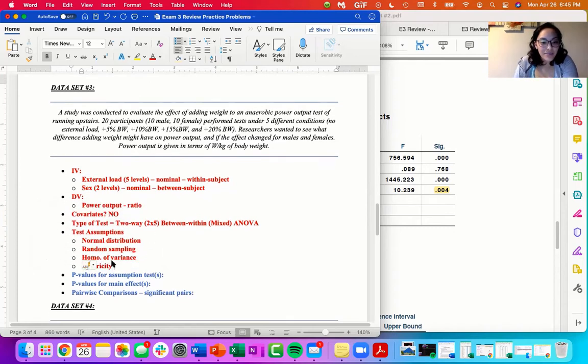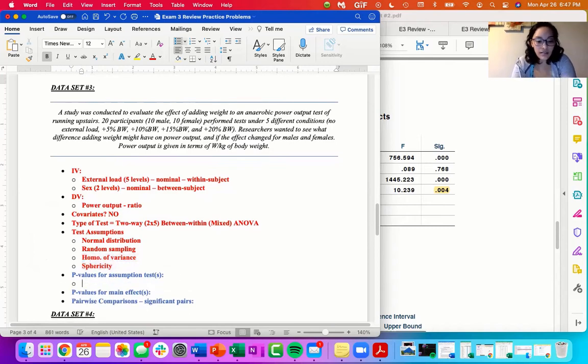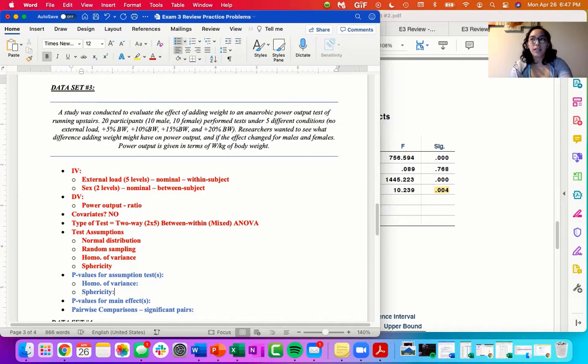All right. So then these 2 would be the ones we would run in SPSS, or that SPSS gives us at least. Okay. And just pay close attention, similar to the second exam. If I ask you, what is the p-value for the assumption test that was included in SPSS?